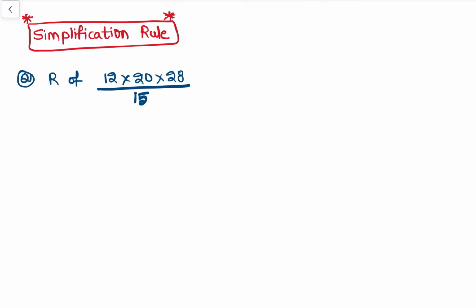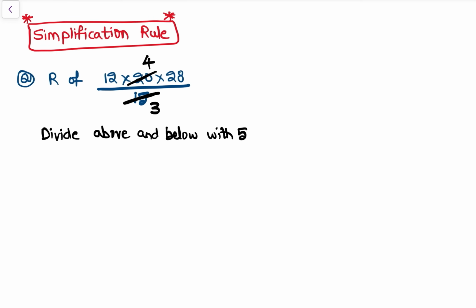ठीक है, नॉर्मल तरीके से किया हम पॉजिटिव रिमाइंडर नेगेटिव रिमाइंडर कॉन्सेप्ट यूज करके. अब इसको सिंप्लीफिकेशन यूज करते हैं. सिंप्लीफिकेशन में क्या करेंगे, see, ये 5 3s are 15, इसको 5 4s are 20. So basically what we are doing is divide above इस एक्सप्रेशन को and below is 15 with 5 से डिवाइड किया.